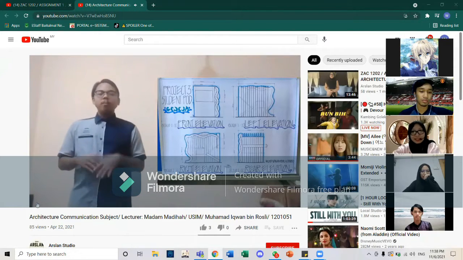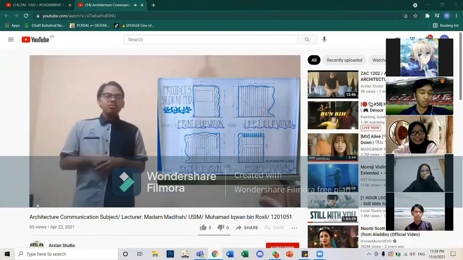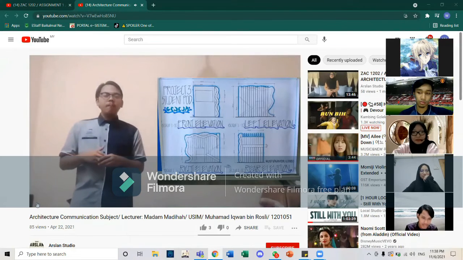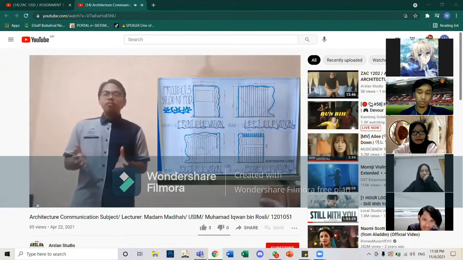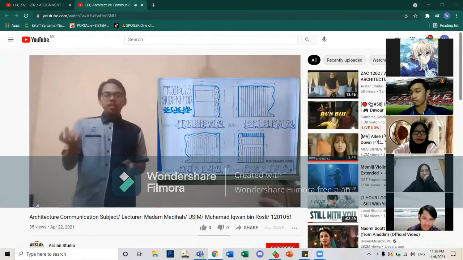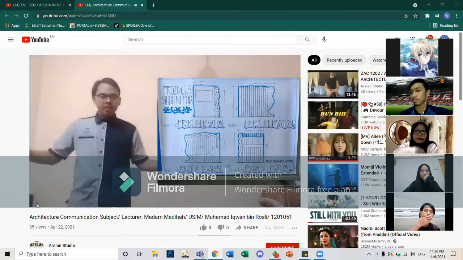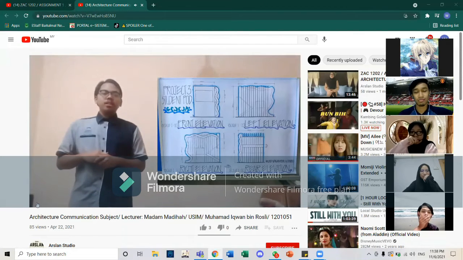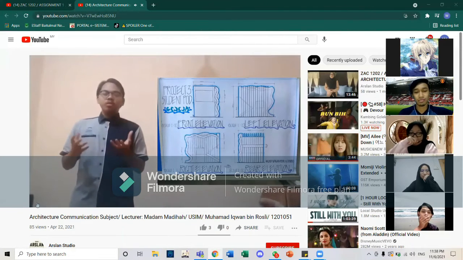So the ideation of my design was based on droplets of water that fall onto the surface of water, then produce a water wave.